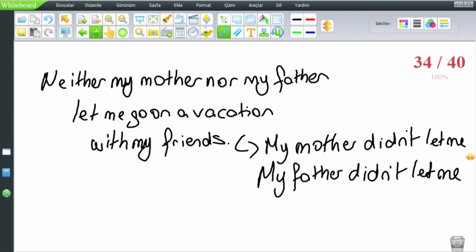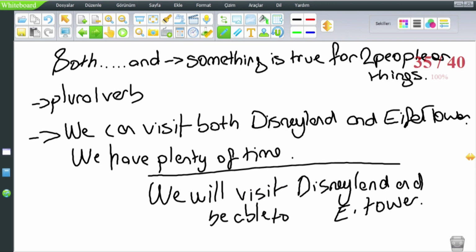They are not both going to happen. Neither my mother nor my father let me go on a vacation with my friends. It means that my mother didn't let me, also my father didn't let me. And we also use both and.